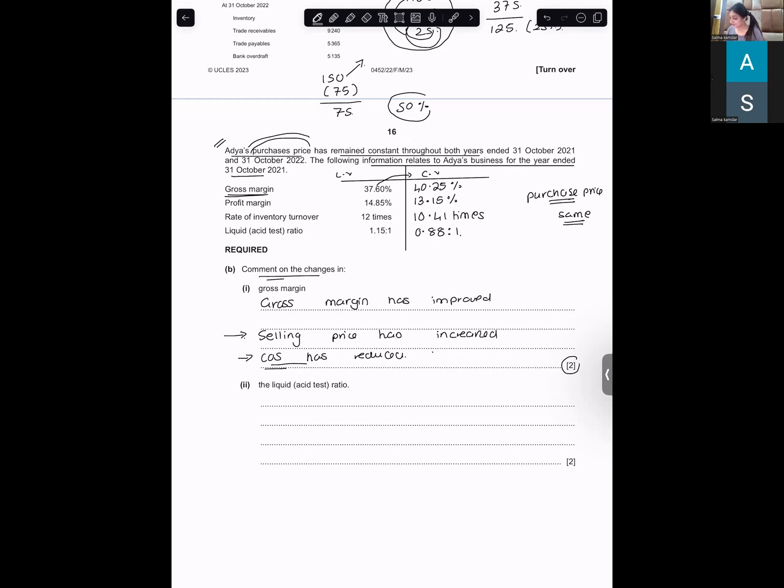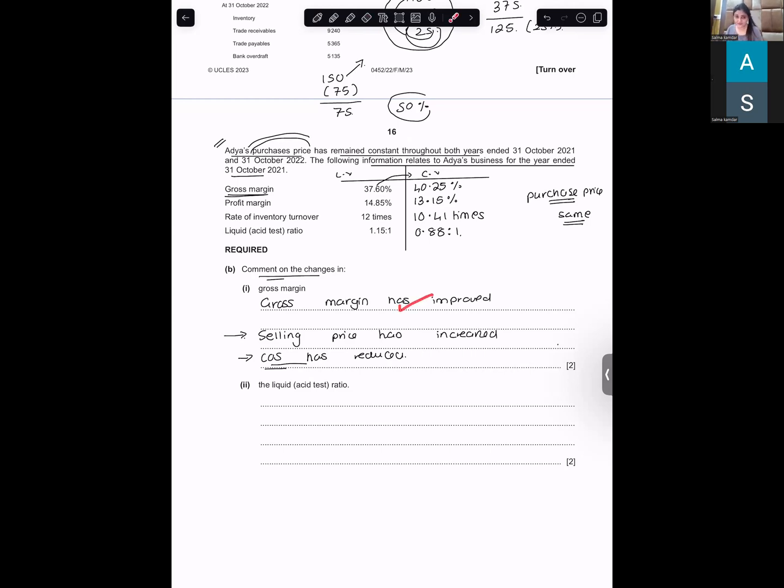So you can say due to trade discount. You don't write this, just write cost of sales is reduced. These are the two reasons.